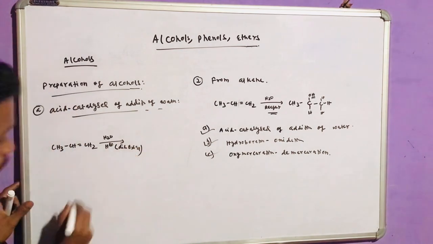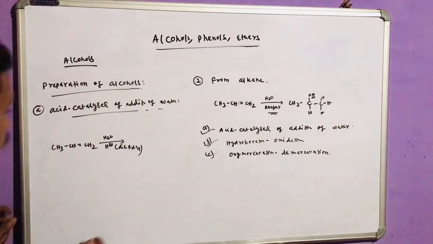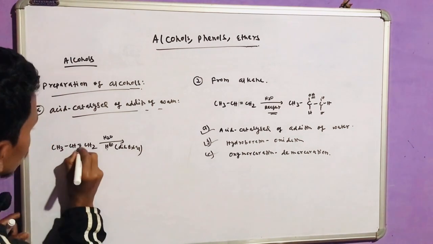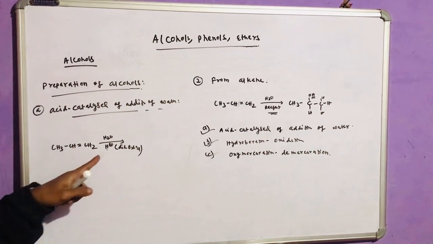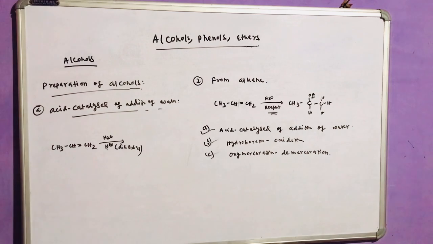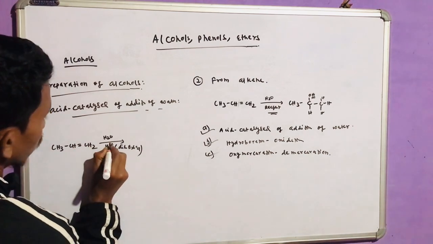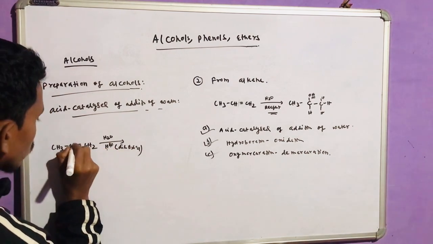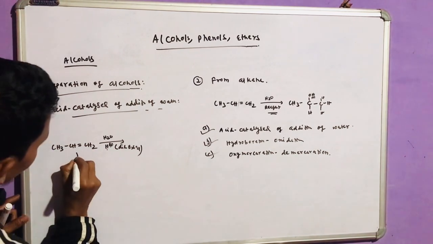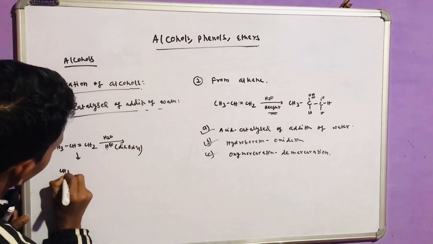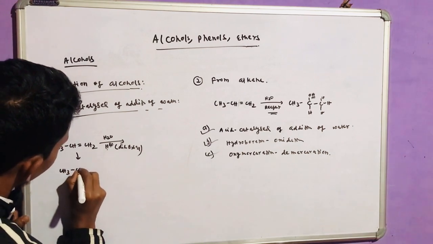Due to this H plus, this double bond is electron rich and H plus means electron deficient. So whenever H plus comes in contact with this double bond, it gets polarized.